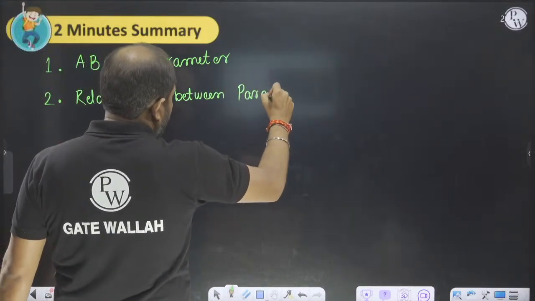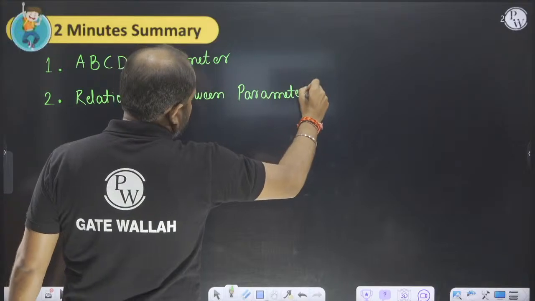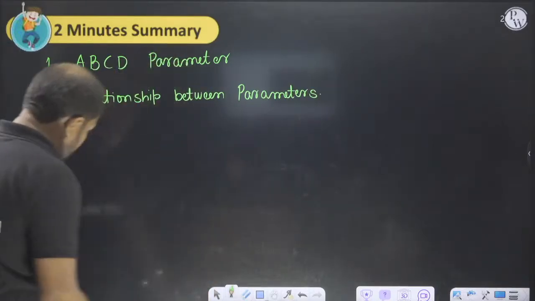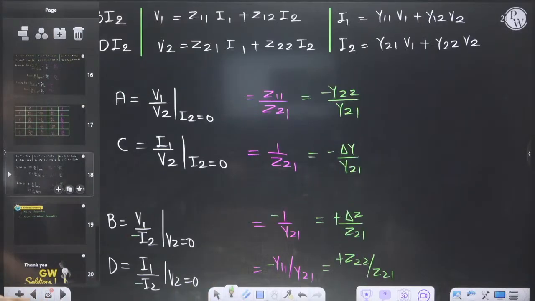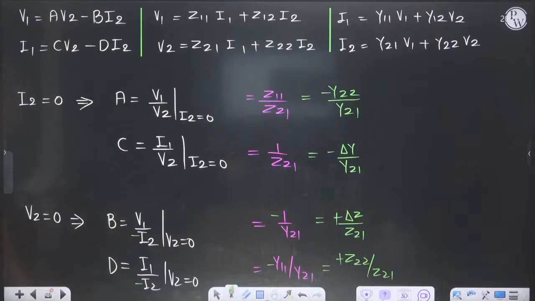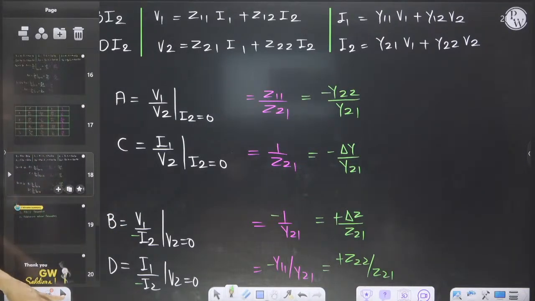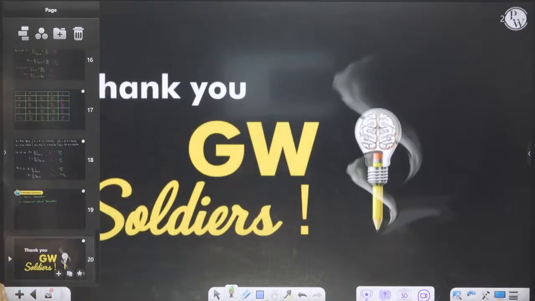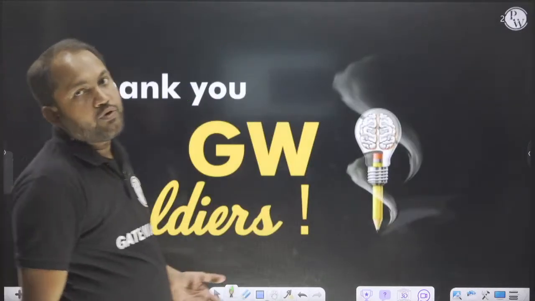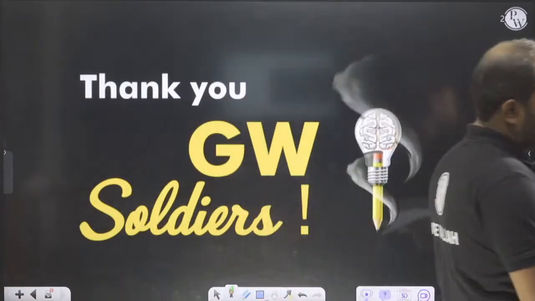So the relationship between parameters is important. Here you have to remember and understand what the relationships are. If you know the derivation, then it will be okay. If you don't know the derivation, then it will be very tough to analyze.